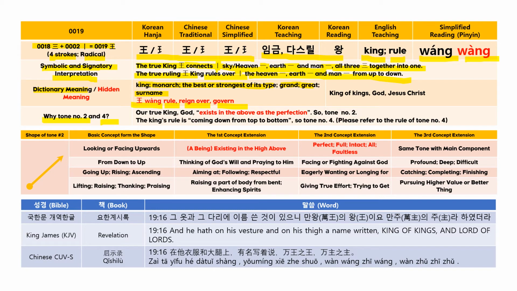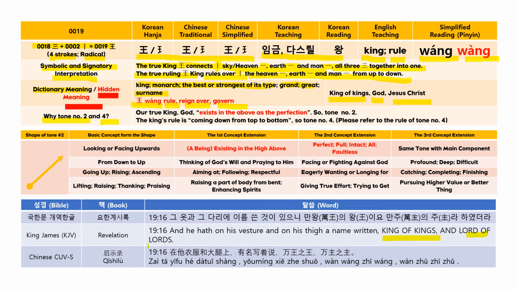Hidden meaning is very important. In biblical interpretation, I would say King of Kings, God, Jesus Christ. Okay, King of Kings, Lord of Lords.